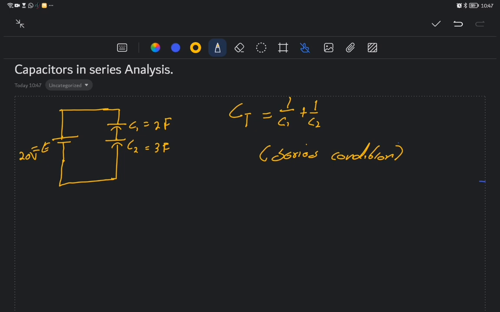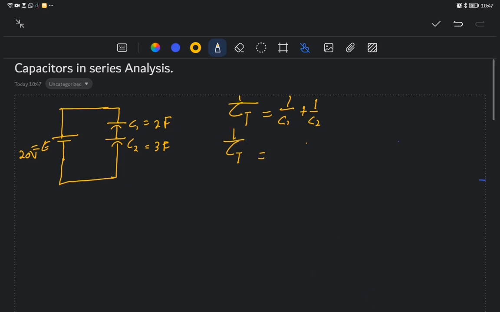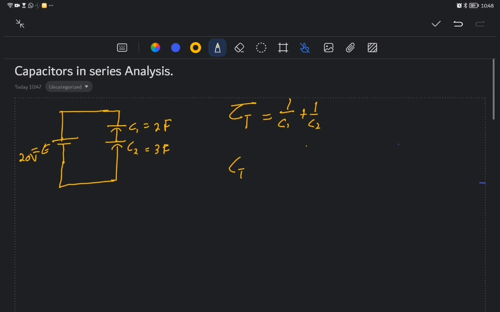So meaning that we can calculate our total capacitance there. Remember, we have 1 over C total, so for us to get C total, we can rewrite this formula: C total is equal to 1 over C1 plus 1 over C2, everything to the power of -1.